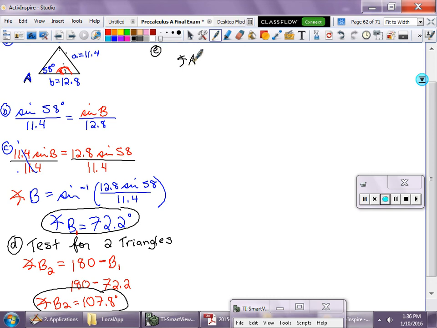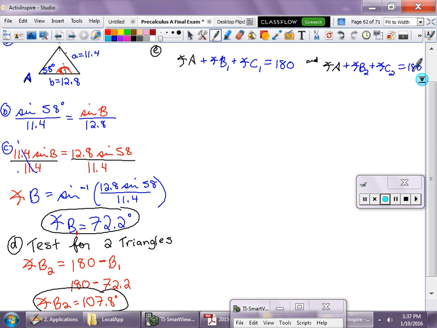Angle A is our given angle, so that cannot change, plus angle B1 plus angle C1, because now we have a different C, is that equal to 180? And we also have to test for B2. So we'll keep these triangles separate here. We have to see if angle A plus angle B2, again, with C2, also equal 180.